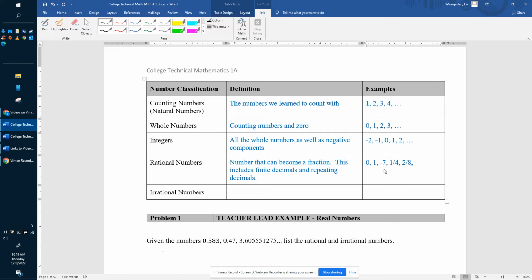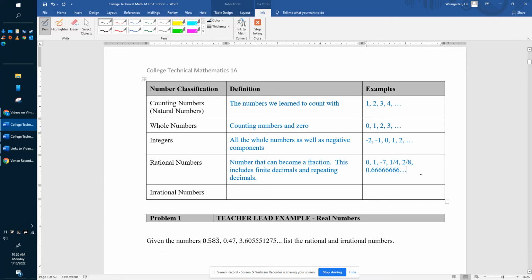Also the repeating decimals, so 0.6666666 repeating. And when you see repeating decimals, you will either see the ellipses, these 3 periods after several repeating numbers, or you might see a number that has a line on top of it.